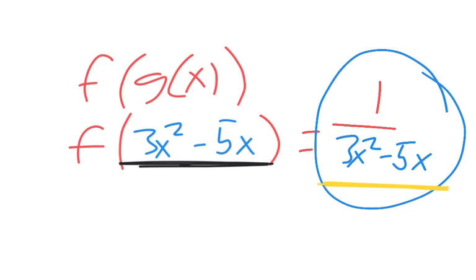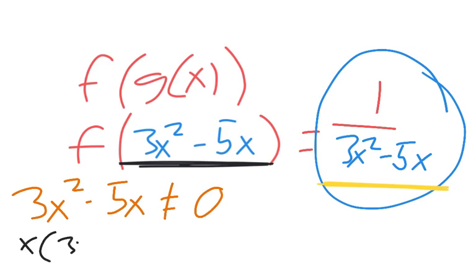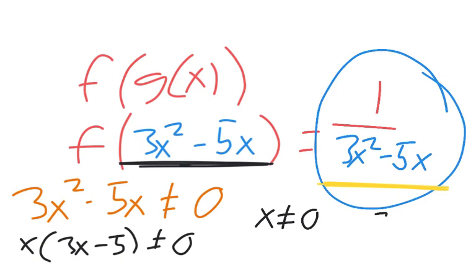So how can I make sure I don't divide by 0? We can say the denominator cannot be 0. And I could solve this by factoring. There's a GCF of x. That would leave me with 3x minus 5 cannot be 0. Two things multiplied together to not be 0, so either the first thing is 0 or the second thing is 0.